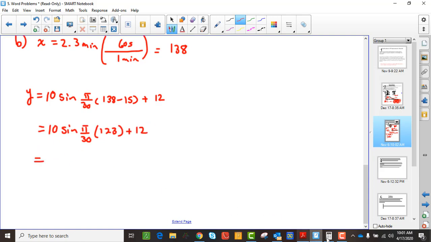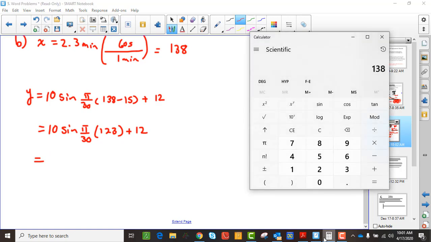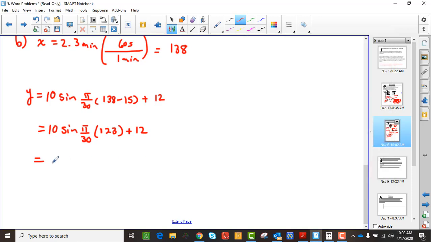Then I take my calculator. I'm going to take 123 and multiply it by pi, and then divide that by 30. I'm going to put myself in radians, and hit the sine of that. Then I'm going to times that by 10, add 12, and it looks like I'm at about 15.1 meters.